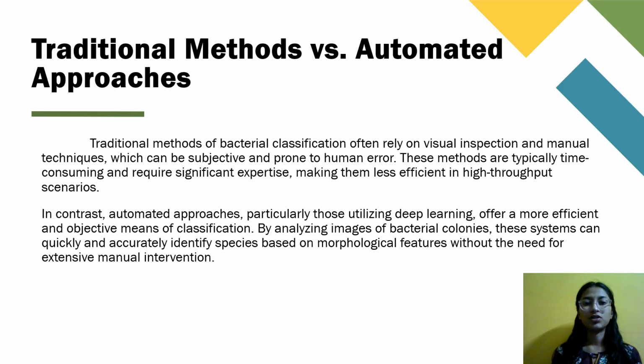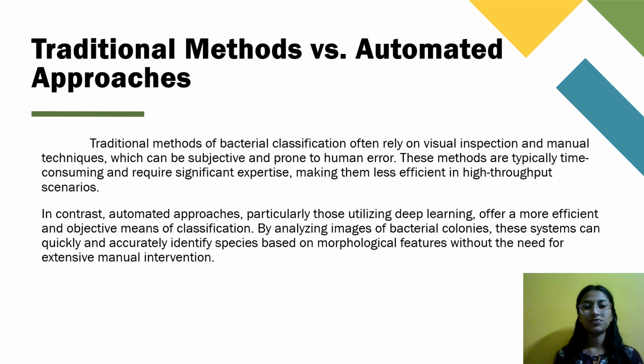What are the traditional methods versus the automated approaches? Traditional methods of bacterial classification often rely on visual inspection and manual techniques, which can be subjective and prone to human error. These methods are typically time consuming and require significant expertise, making them less efficient in high throughput scenarios.